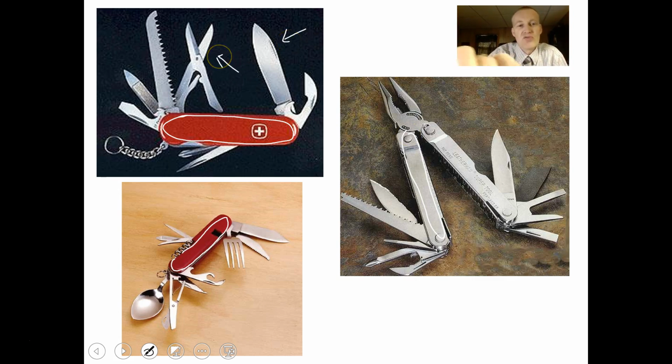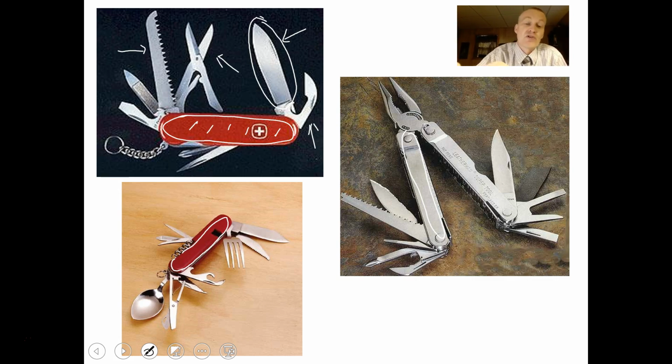So scissors, knife, little saw blade there, which is kind of cool, a can opener. And so I like to think of these as functional groups. These are atoms. Well, we'll just consider them in the metaphor as being atoms. These are atoms that stuck to the carbon skeleton give the molecule special properties.